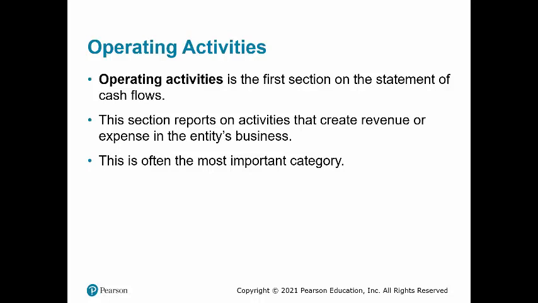So it reflects the day-to-day operations of the business, such as cash receipts or cash inflows from customers for the sales of merchandise, inventory, or services, and then the cash outflows for purchases of merchandise, inventory, or just the everyday payment of the operating expenses. The operating activities section is also going to include information on cash inflows for interest and dividend income, and cash payments for interest expense and income tax expense.